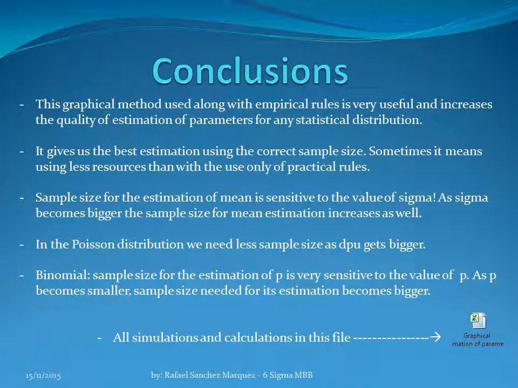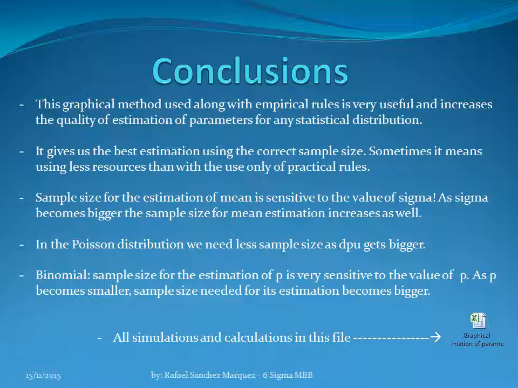It gives us the best estimation using the correct sample size. Sometimes it means using fewer resources than using only practical rules. The sample size for the estimation of the mean is sensitive to the value of sigma. As sigma becomes bigger, the sample size for mean estimation increases as well.